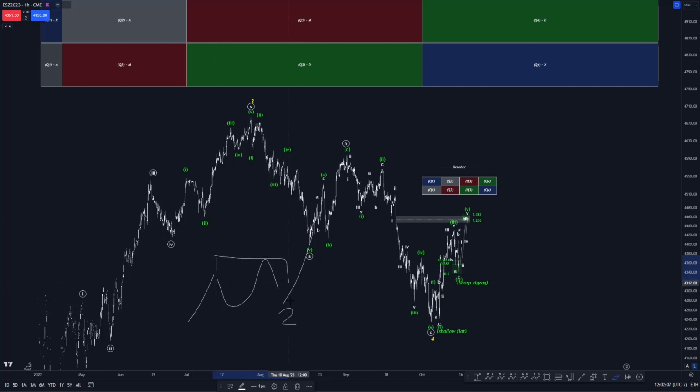So this shallow flat was also a nice accumulation pattern too. So I could see both. I could see the first quarter of the year being accumulation, or the first quarter of the year being a reversal pattern.